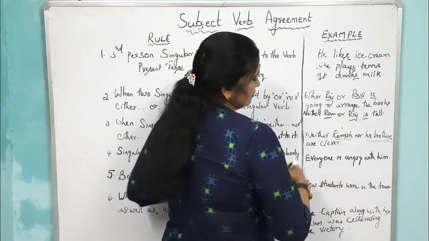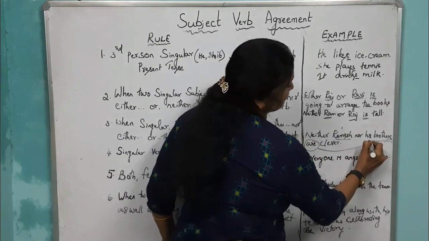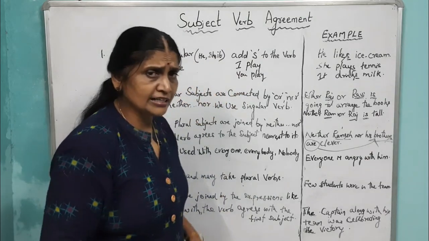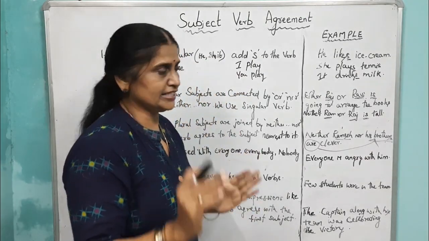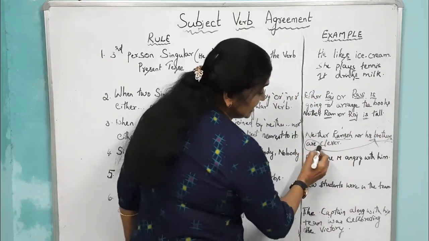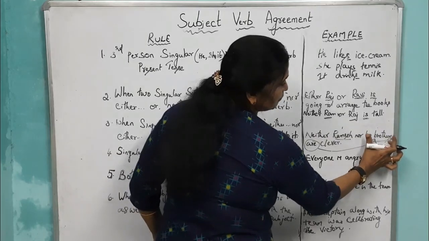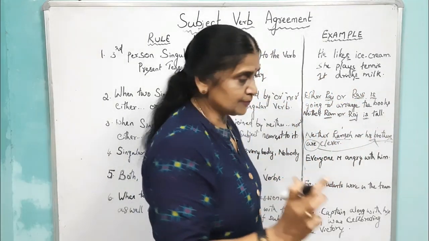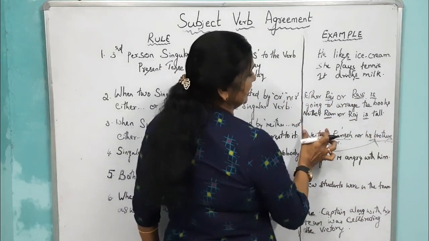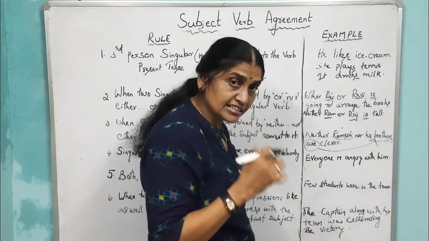Now here the verb should come here. What is nearest to the verb? Brothers. Got it? Is it singular or plural? It is plural. So his brothers, plural, is nearest to the verb, so it has to take the verb as per the plural subject. Now suppose I say "neither his brothers nor Ramesh," then which is nearer?